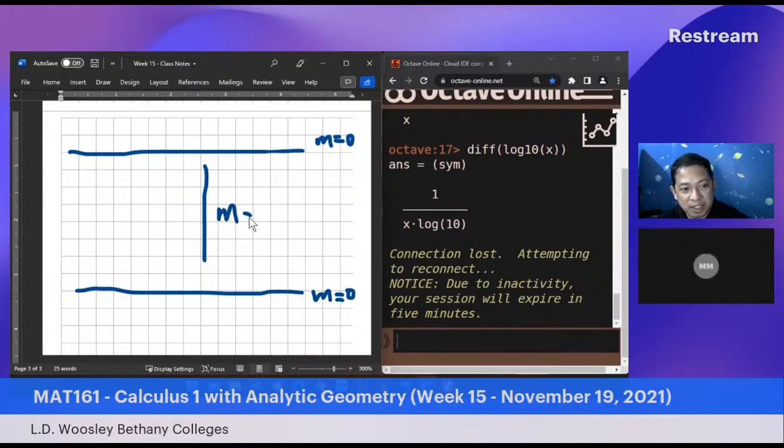Or to be more precise, it's not really undefined, but a very large number called infinite. So, infinite slope siya pag vertical, kasi yung change in x mo, 0. So kahit ano yung change in height mo, very large number, pero 0 naman yung change of x, infinite.